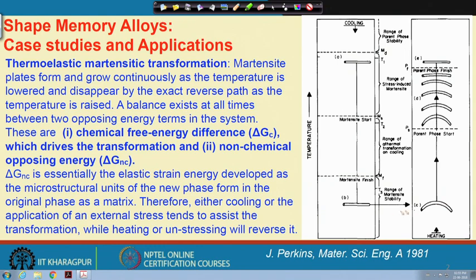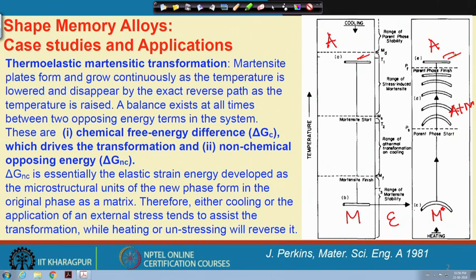And therefore, here we have martensite, we have strain, and this is martensite which is deformed, and here we have austenite plus some martensite, and here we have all austenite which we started with. And so, the initial shape remains the same, and this is the shape memory effect.